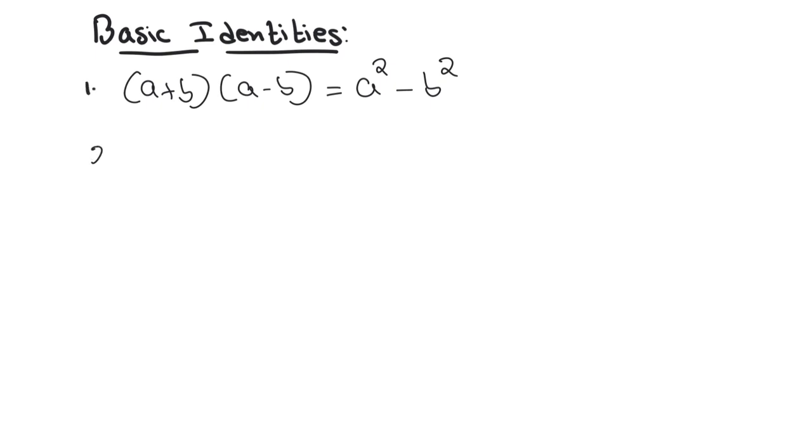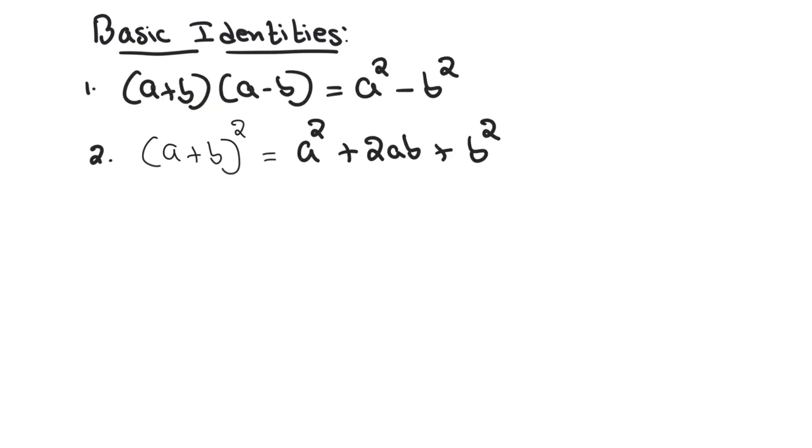Let's look at the second one. These are some of the basic identities of algebra that you must remember because you'll be using them extensively. What is A plus B the whole squared? You have already studied this in your lower grades. It is A squared plus 2AB plus B squared.